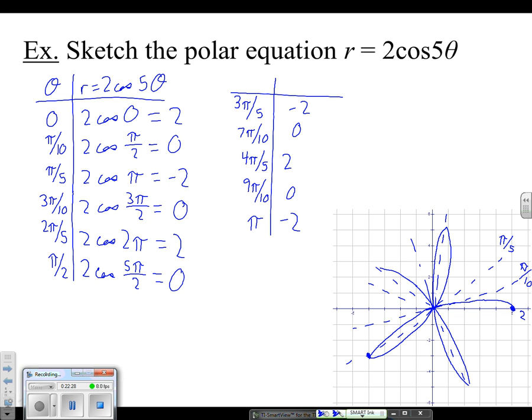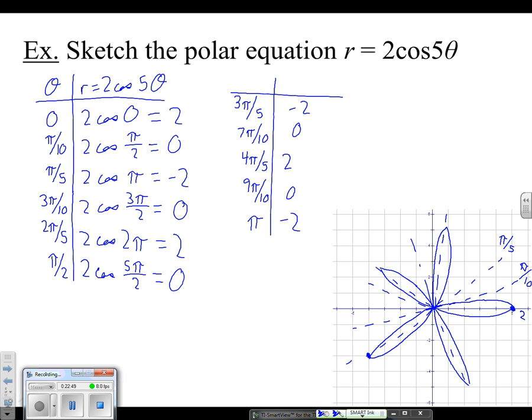By the time I'm at 9 pi over 10, we're back down to 0. And then the last little bit is going to close the loop. What we end up with is a flower or a rose. Okay, one of the petals is a little shorter than the others. That's okay. We end up with a rose with 5 leaves, or 5 petals, or what.